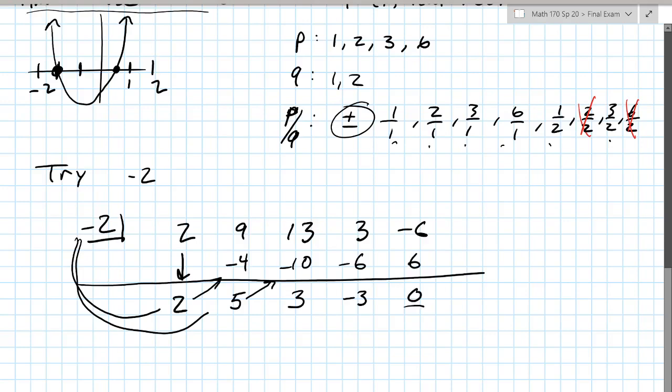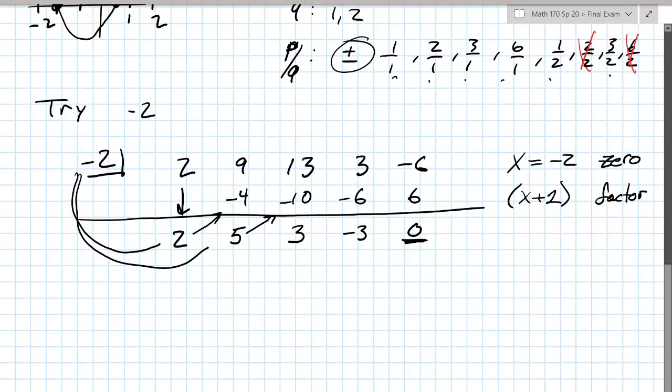And you see we have a remainder of 0, which is what we wanted. What that means is x equals negative 2 is a 0, or x plus 2 is a factor.